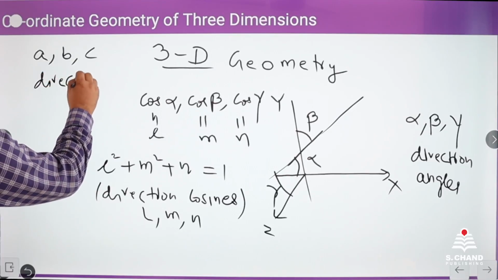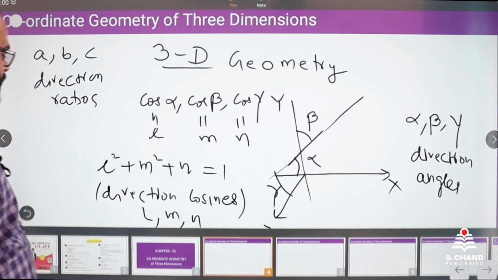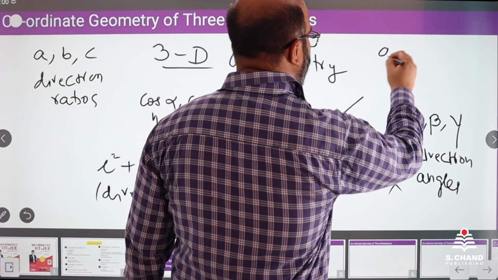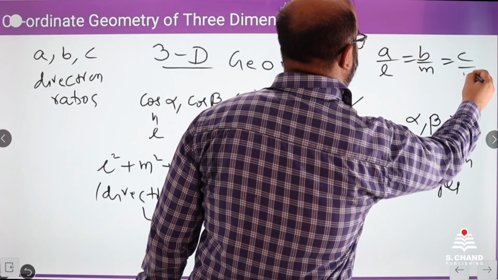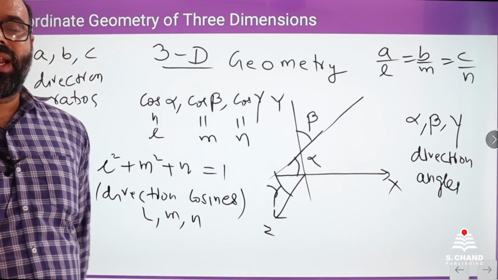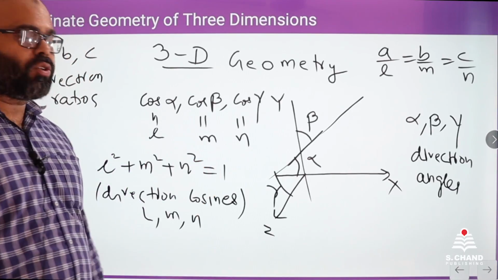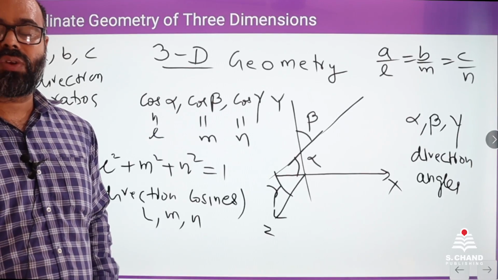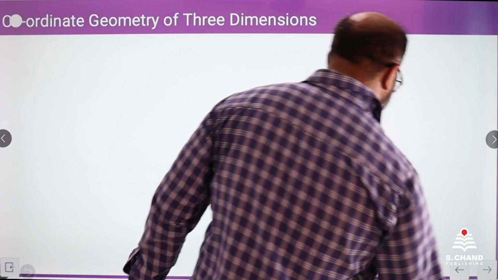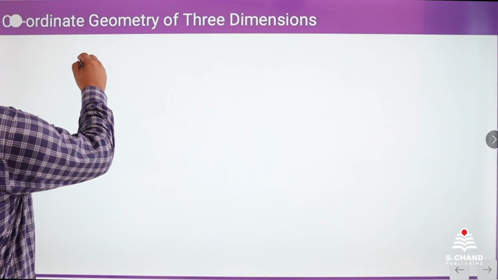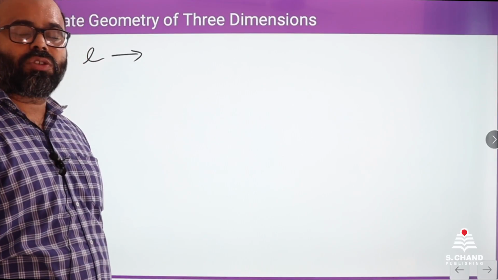So direction ratios are the values A, B, C such that A is to L is equal to B is to M is equal to C is to N. So it is proportional to L, M, N, whereas L square plus M square plus N square has to be equal to 1, but A square plus B square plus C square can have any value. So you can say that the line is having direction ratios and direction cosines as proportional values.